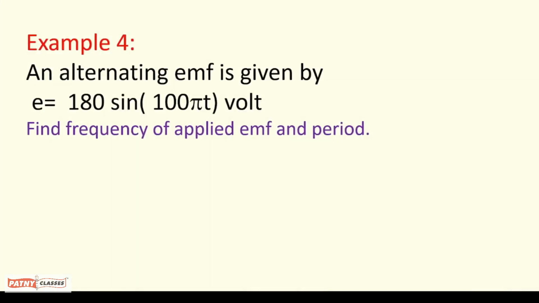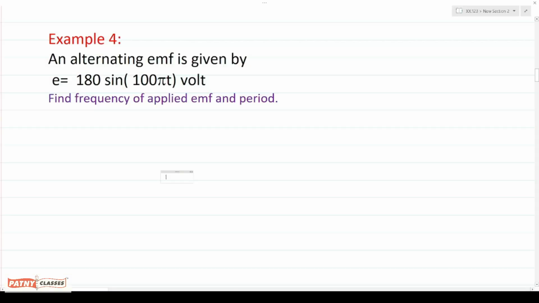Example 4, an alternating EMF is given by E equals to 180 sine 100 pi t volt. Find frequency of applied EMF and period. Solution. EMF is given by E equals to 180 sine of 100 pi t.